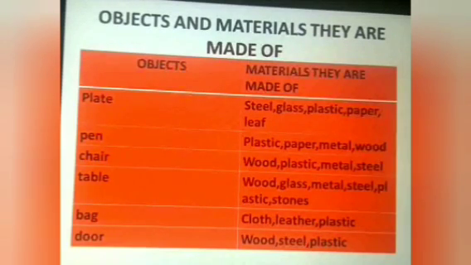Pen: plastic, paper, metal and wood. Chair: wood, plastic, metal and steel. Table: wood, glass, metal, steel, plastic, stones. Bag: cloth, leather, plastic. Door: wood, steel, plastic. Some more items are there. You can add more items.